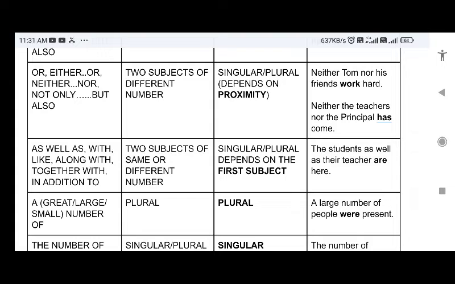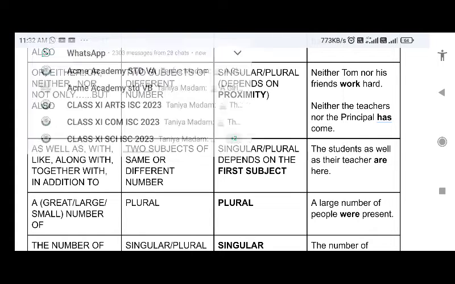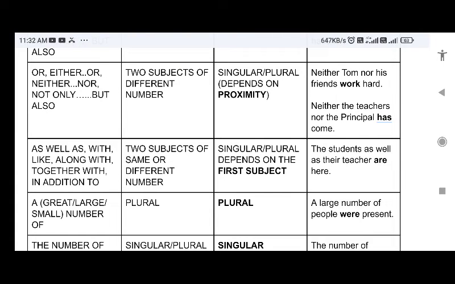Then see, it is written that as well as, with, like, along with, together with, in addition to, if they are joining two subjects of same or different number, here the verb will always agree with the first subject. See, the students, here the first subject, as well as their teachers, which means this is the second subject. So which is the first subject? Students. What number is it? It is plural. So the verb will also be plural.